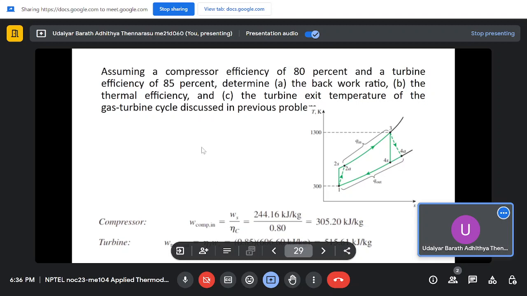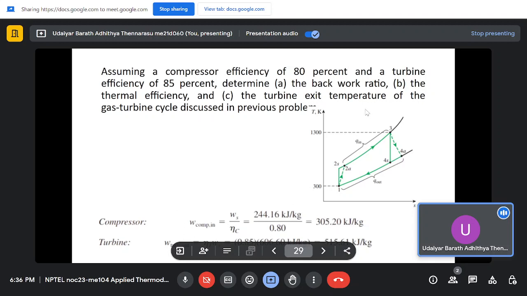So efficiency of compressor is your isentropic compressor work divided by actual compressor work. So your actual compressor work will rise from 244.16 to 305.2. So actual compressor work will be isentropic compressor work divided by compressor efficiency.